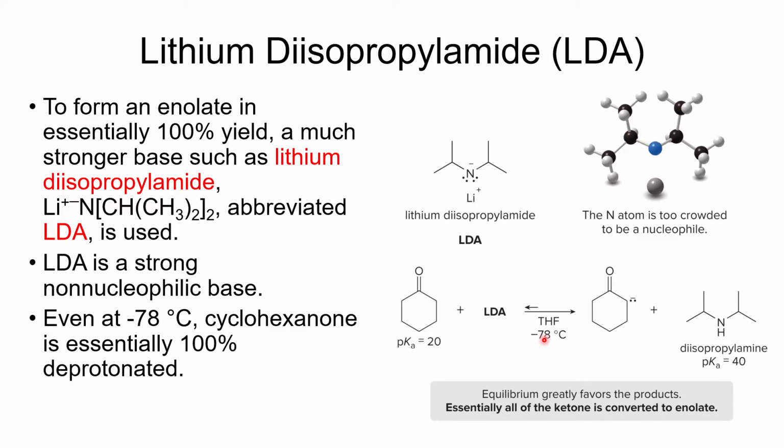So if you mix dry ice with a solvent, typically acetone or isopropyl alcohol or some other solvent that's a good heat transfer fluid, you can use that as a bath and you can get your reaction down to negative 78. So dry ice is the answer there.